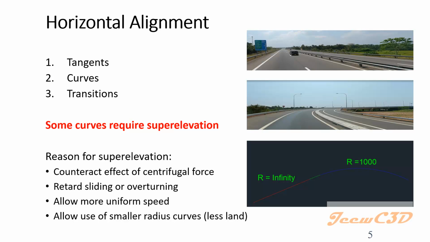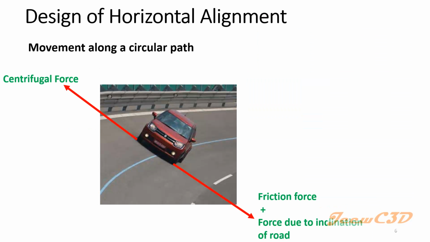So here I will describe what is meant by super elevation and what is happening when a car or a vehicle is driving on a circular road. So you may have learned this in your A levels in physics, movement along a circular path.